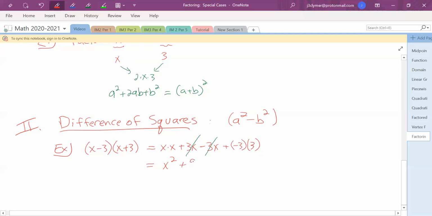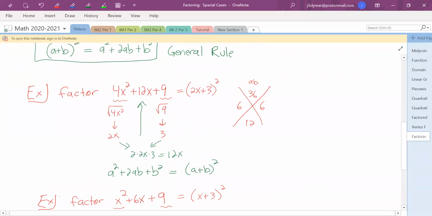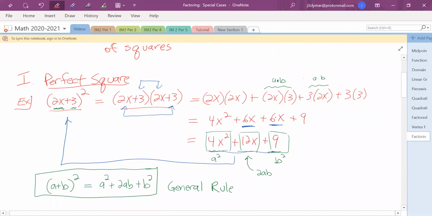This situation is kind of similar to the last one where you had a squared plus 2ab plus b squared. Let's scroll way back up. You had two terms that were identical in the middle, and that's why you get 2ab.